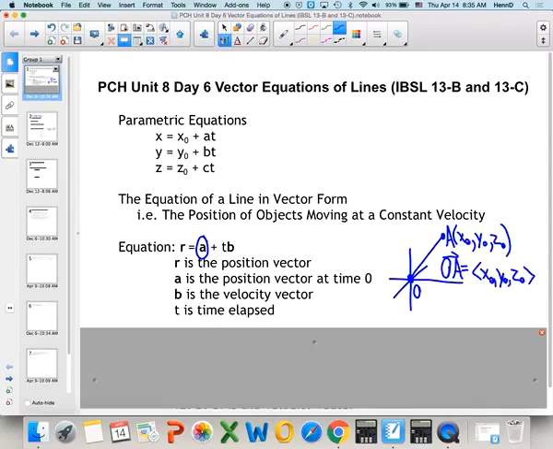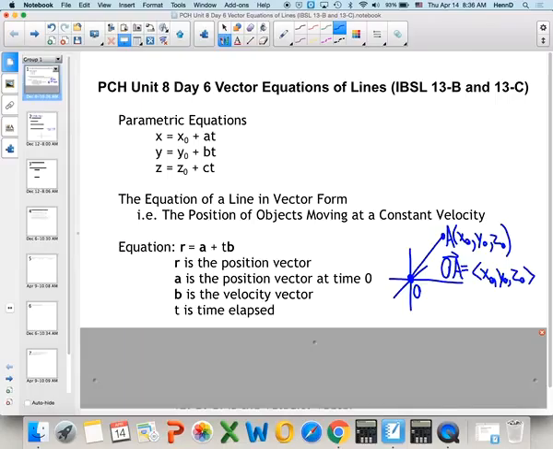When I mentioned position vectors at the beginning of our study, we said that would be useful if we had a point and then needed to use it with some vectors. We could represent the point as a position vector and then combine it with other vectors. That's exactly what we're doing here. This A is taken from that starting point, and we're combining it with a velocity vector using time.